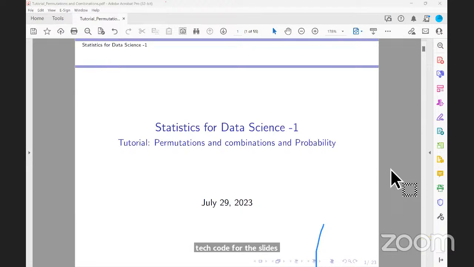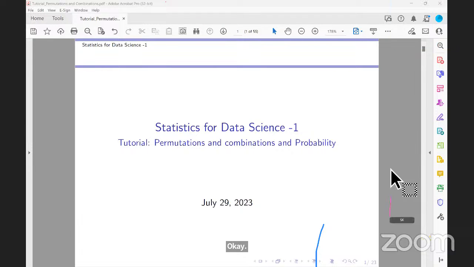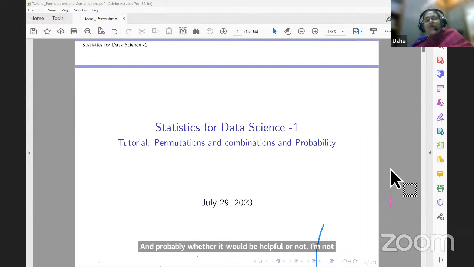The purpose of the session is very, very clear. This session is a tutorial wherein we revise concepts from the week where we dealt with permutations, combinations, and probability. Whether it would be helpful or not, I am not going to comment on that at this point of time. I think you all know the purpose of these revision sessions and their need.